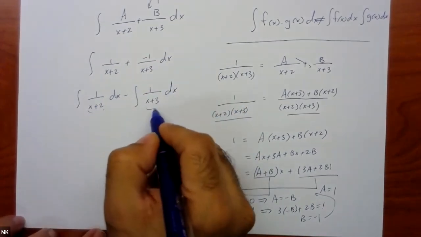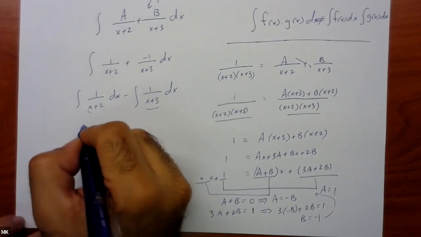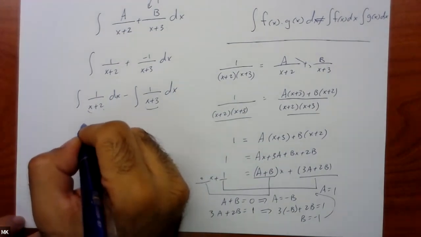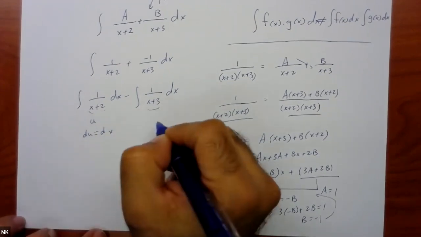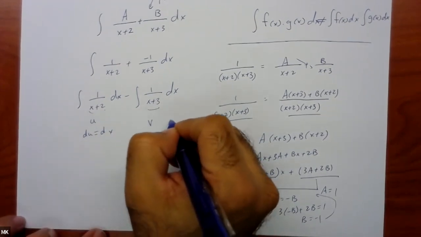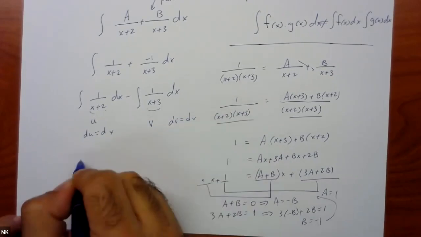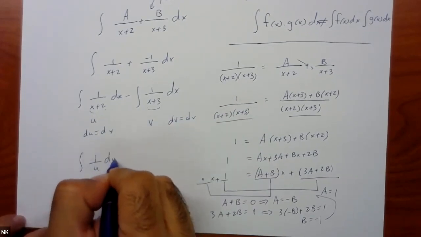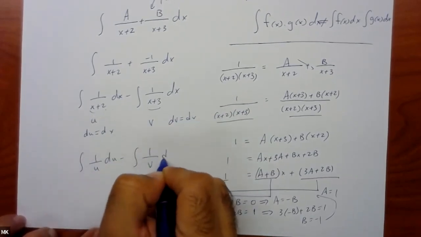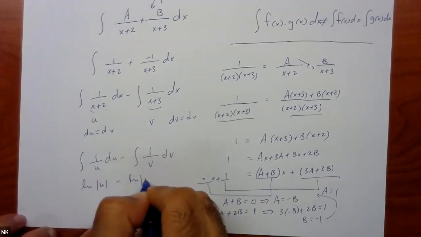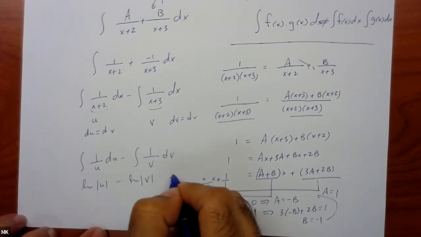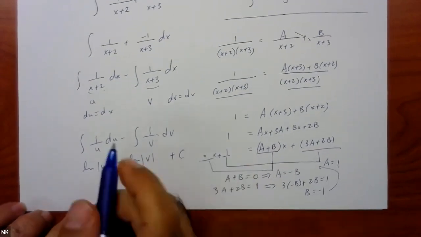Then this is just the u. If I use substitution, this would be u, and of course du is equal to dx. Let's call this v, and dv is equal to dx. So this becomes 1 over u du, 1 over v dv. So it's natural log of u, natural log of v, plus some c that comes from both of them.